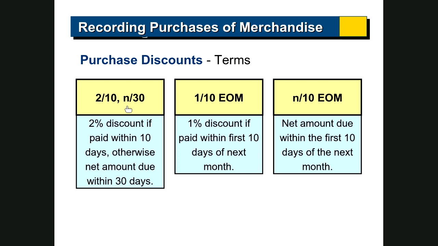Buy something for 100 riyals. If you have this offer, then if you pay within 10 days, you only have to pay 98. If you pay within 30 days, which is from the 11th day through the 30th day, you have to pay the whole amount. So the maximum time is 30 days, but if you pay within 10 days, 2% discount. This is what it means.